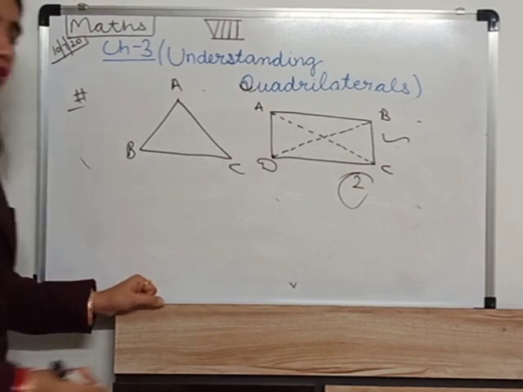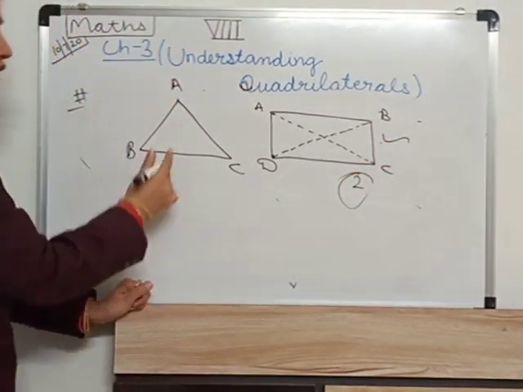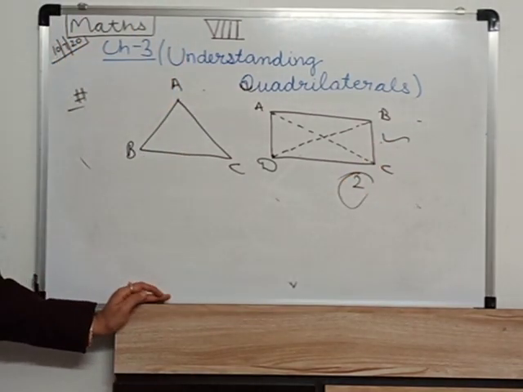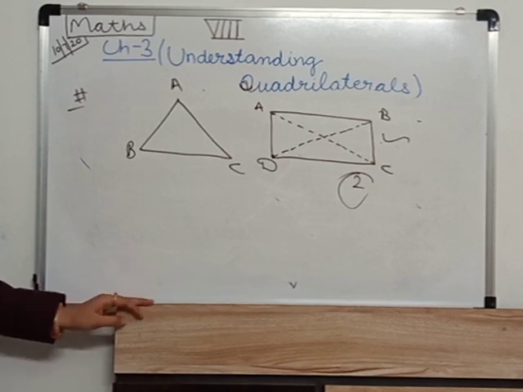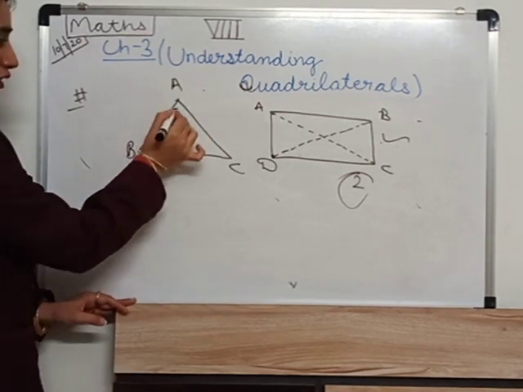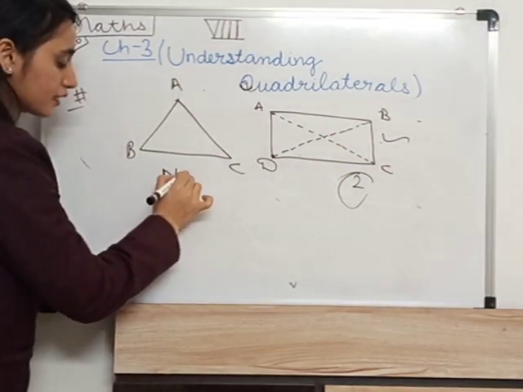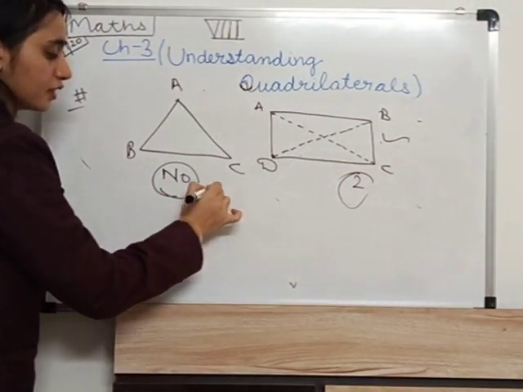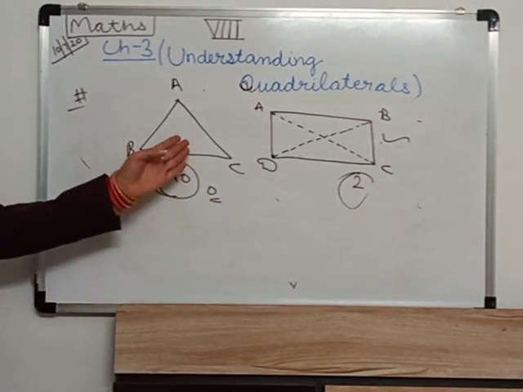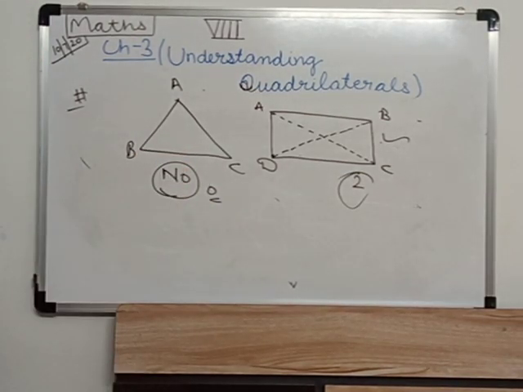We can make two diagonals for this figure. But for this figure, how many diagonals can we make? How can we join opposite vertices? So this figure has no diagonal, means zero diagonals. Understood?